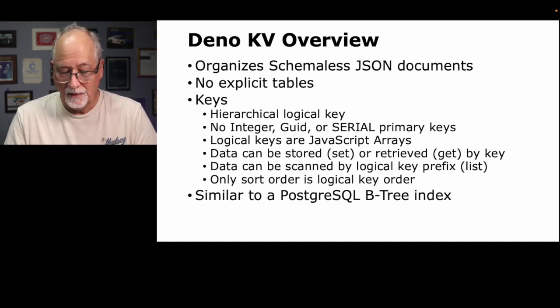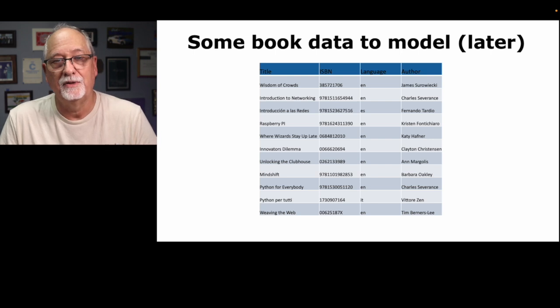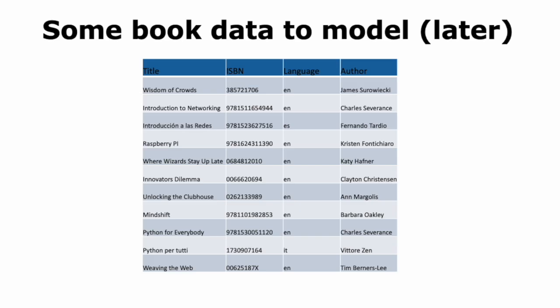Okay? And so elsewhere in this class, we've used this as a sample data to model. It's some books and some titles, ISBN, language, and authors. And we'll do some modeling later. I like to think of Deno's KV as sorted dictionaries.